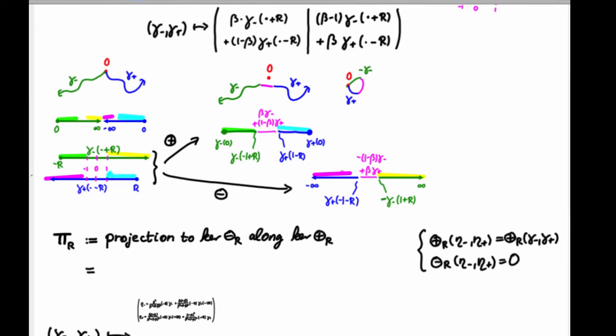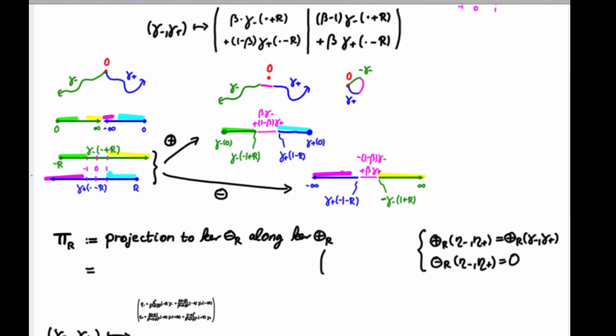So, right, my projection takes gamma minus gamma plus to eta minus eta plus. So I'm going to encode the plus gluing this thing here first as a matrix. Now I'm confused. Let's see.